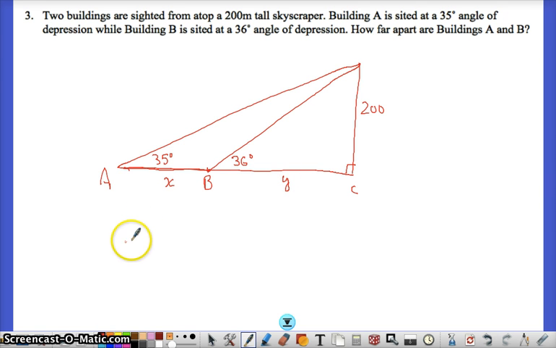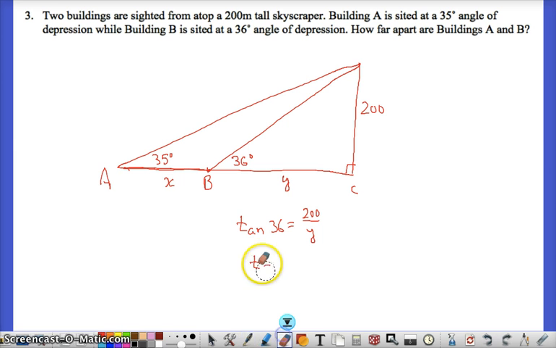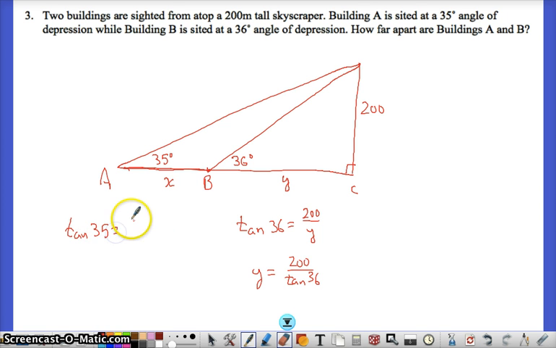Why not? I'll say that was not meant to be a pun, but I think it was. All right, so the tangent of 36 is opposite over adjacent. So y is 200 divided by the tangent of 36. But notice this, the tangent of 35 is opposite over adjacent like this, x plus y.